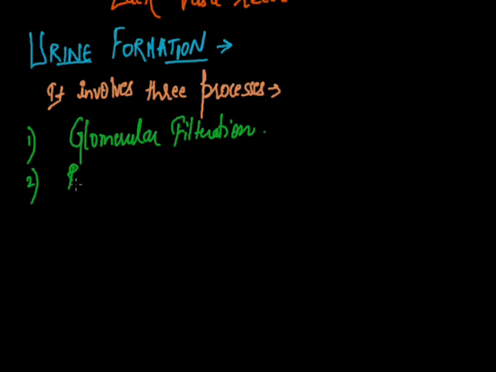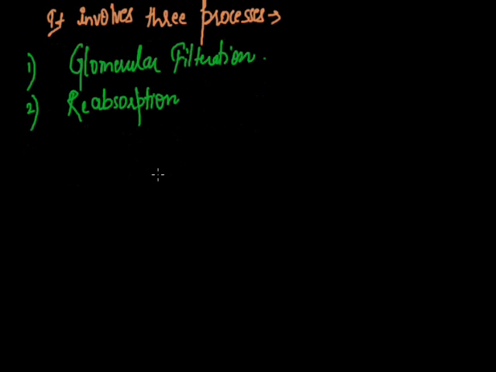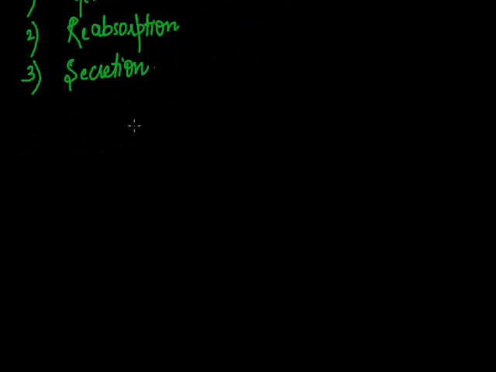Next is reabsorption of useful components like glucose, amino acids, ions and minerals, and the third is secretion, where substances which are not reabsorbed are secreted into the urine.